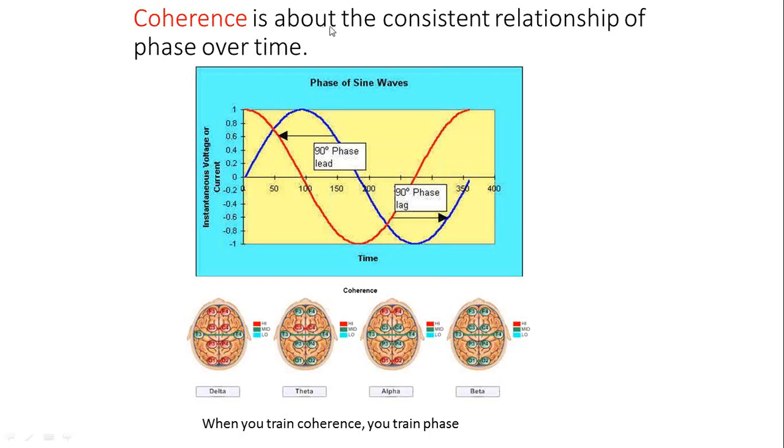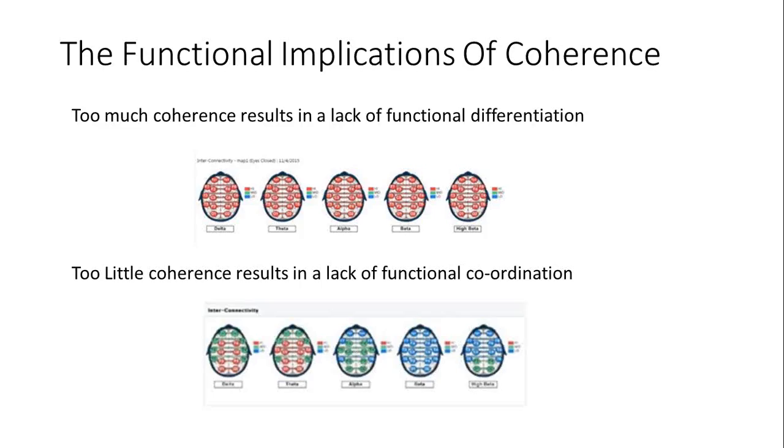So your coherence is about the consistent relationship of phase over time. If these two locations hold that 90-degree relationship consistently for 500 milliseconds or so, typically we say that they're coherent. So we like to look at how much coherence is occurring.